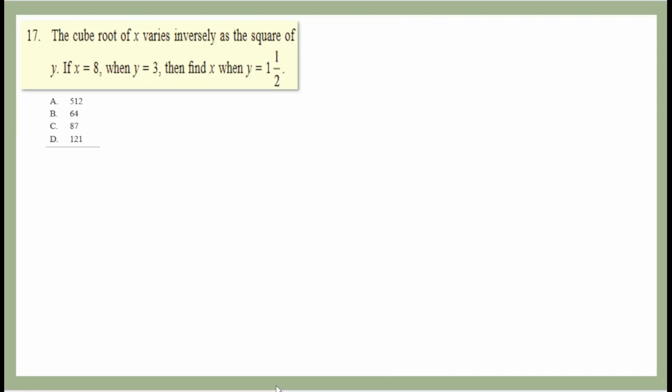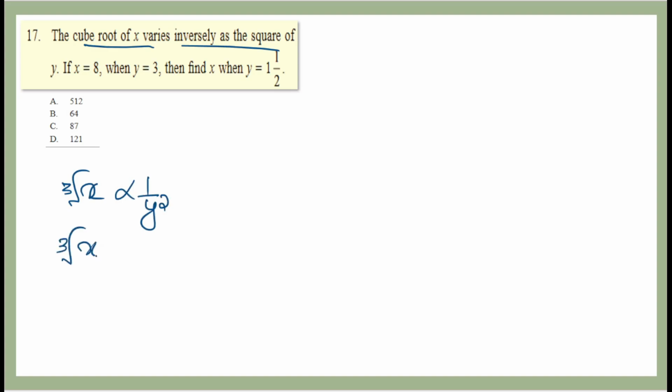Next, third one. The cube root of x varies inversely as the square of y. X equals 8 when y equals 3. Then find x when y equals 1 and 1 by 2. Now it's given that cube root of x varies inversely as square of y.